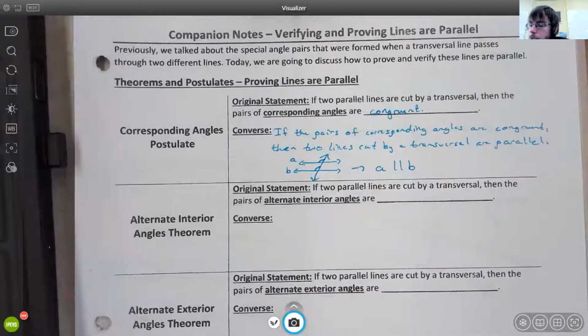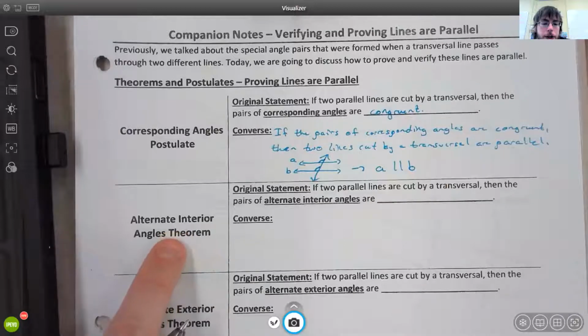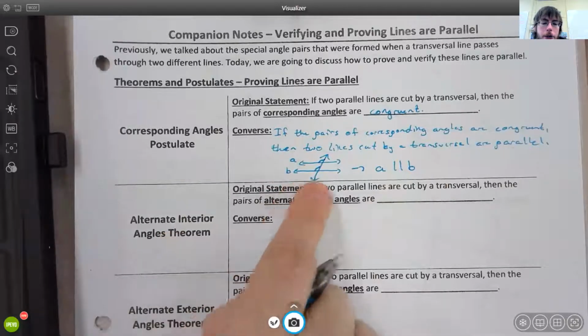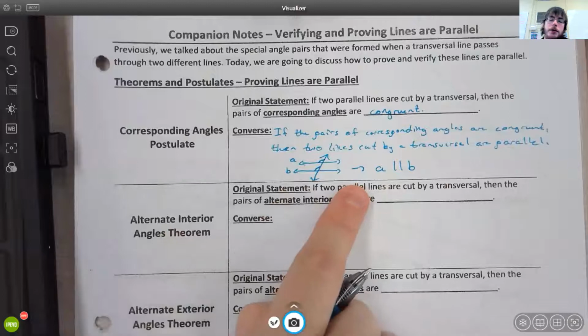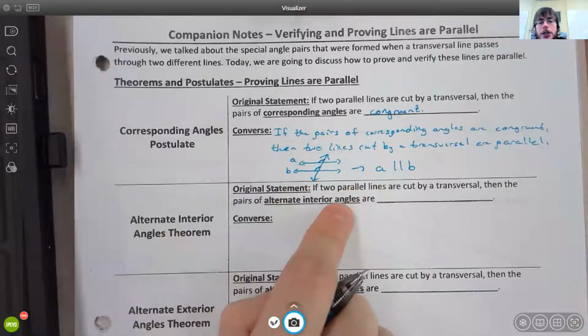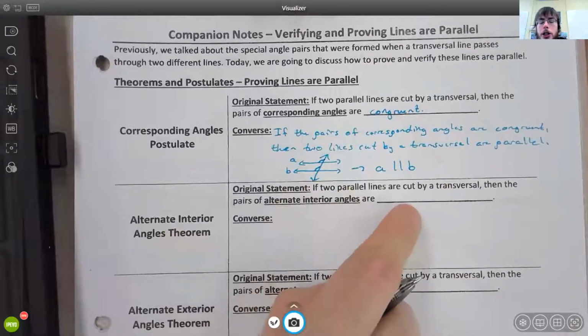All right, let's look at the next one, the alternate interior angles theorem. Our original statement: if two parallel lines are cut by a transversal, then the pairs of alternate interior angles are congruent.